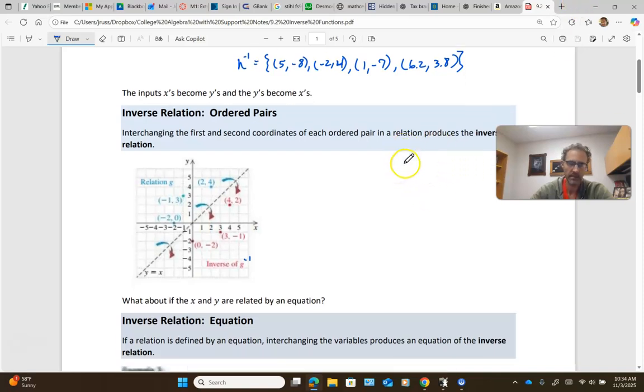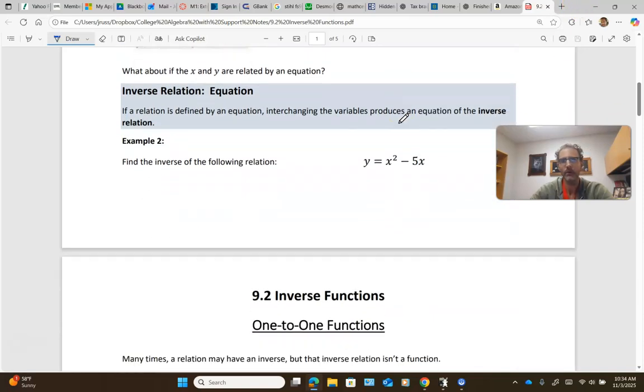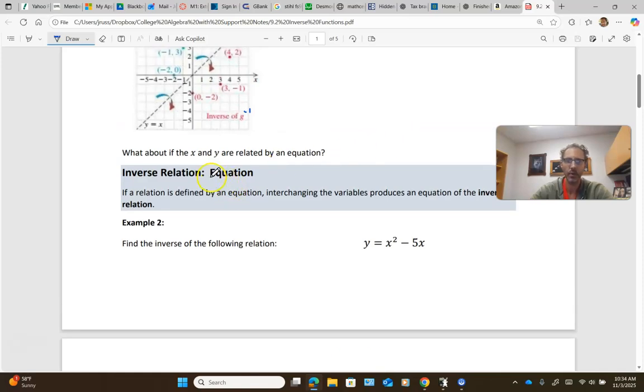All right. Well, what if we have a relation in equation form? Like this one, y is equal to x squared minus 5x. How do we find the inverse of it? Well, we just simply swap the x's and y's. So everywhere you see a y, you put an x, and everywhere you see an x, you put a y.